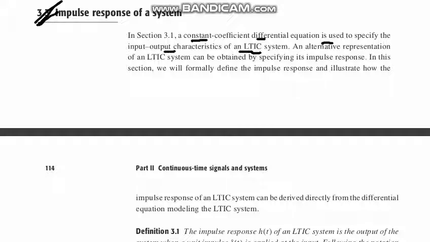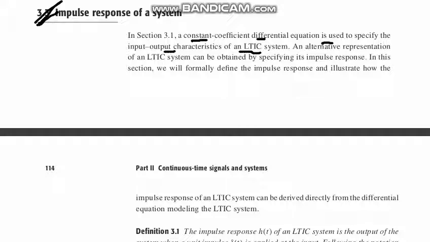If you find the input output characteristics have a constant coefficient differential equation, like we got from the previous example, these kinds of systems are known as LTIC systems.